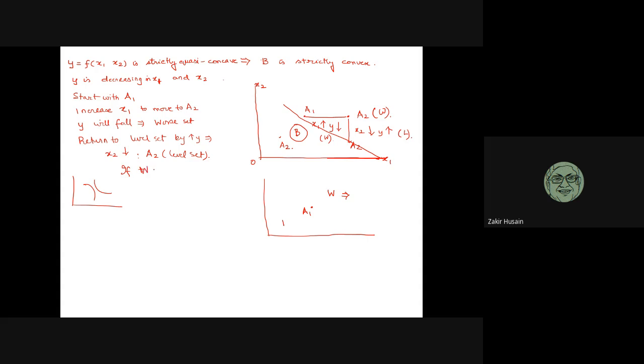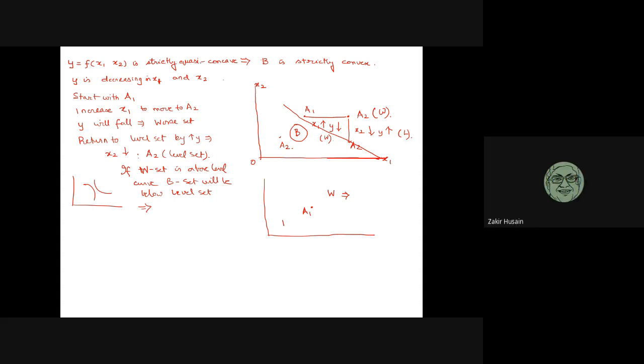So if the worse set is above the level curve, the better set will be below. What is the nature of this better set?